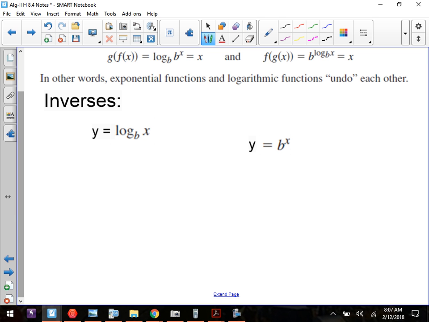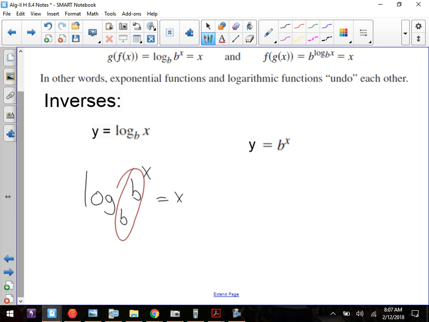If you write this as log base b of b to the x, those two bases are the same, so it undoes it, which means the exponent drops and you're left with x. I'll show you a numerical example here in a second.